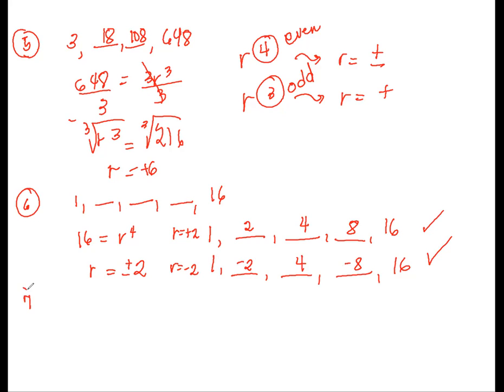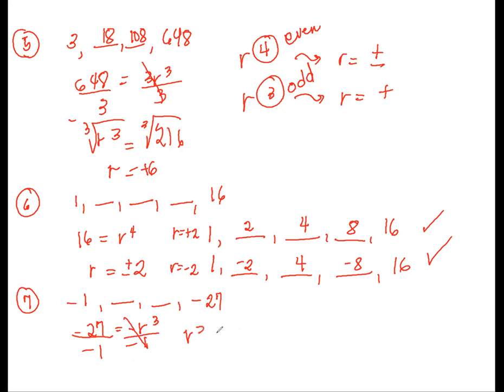Next, for number 7 example, you have negative 1, blank, blank, negative 27. So we have negative 27 is equal to negative 1 times R cubed, right? Then divide both sides by negative 1.